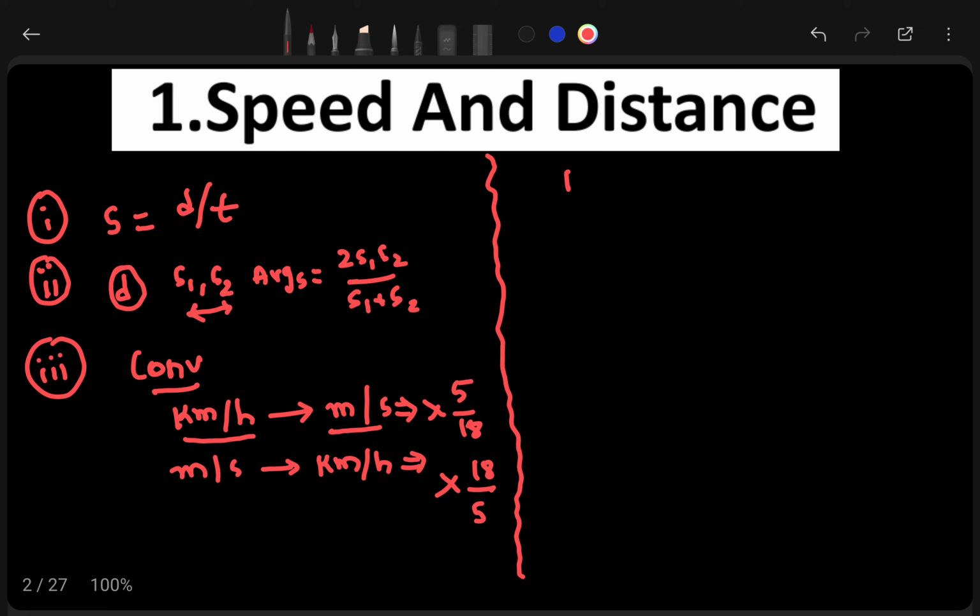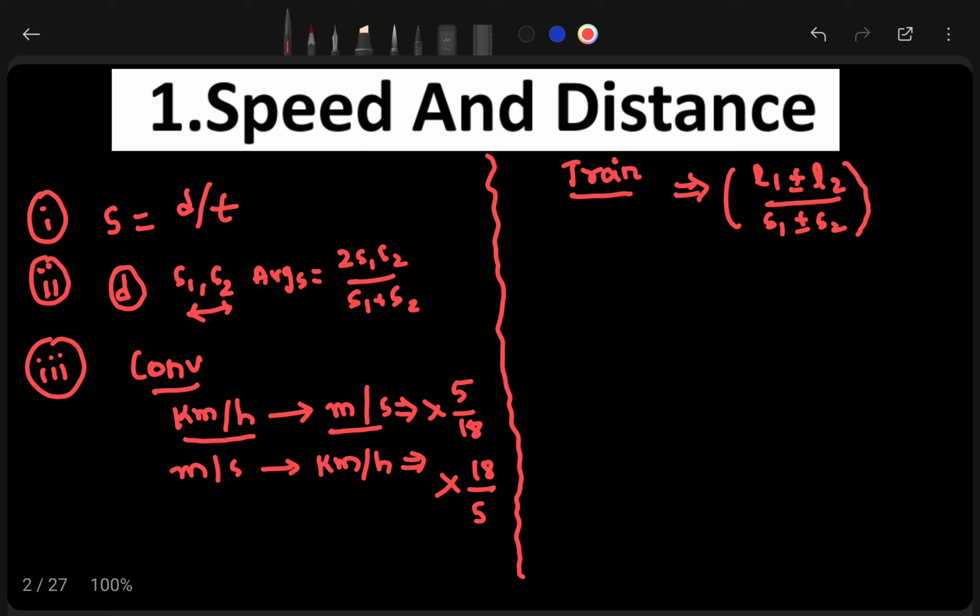The second concept in speed and distance is trains. In trains, there will be a train or some kind of thing moving. There is only one formula used: L1 plus or minus L2 by S1 plus or minus S2.